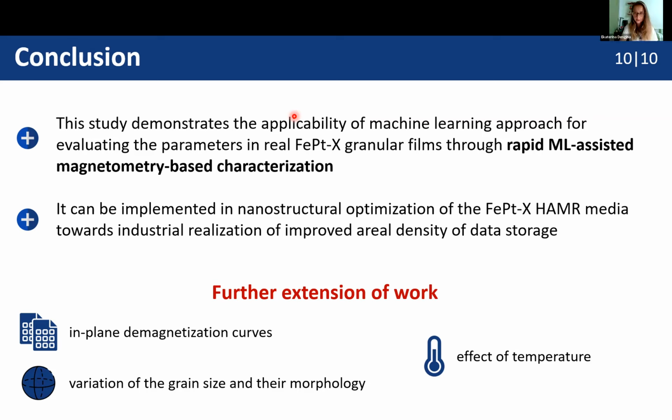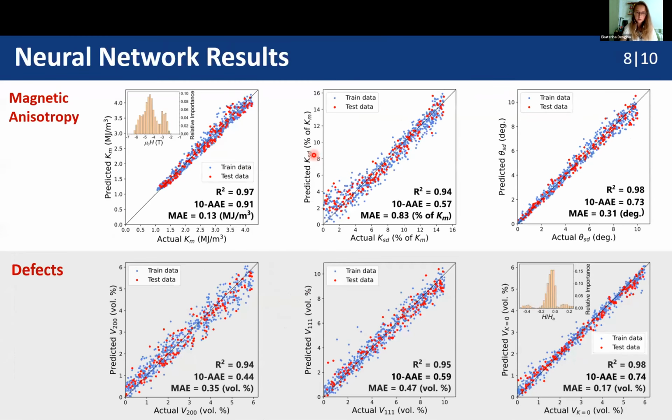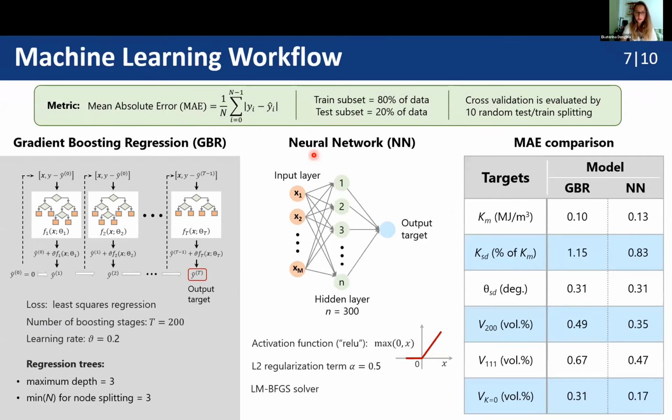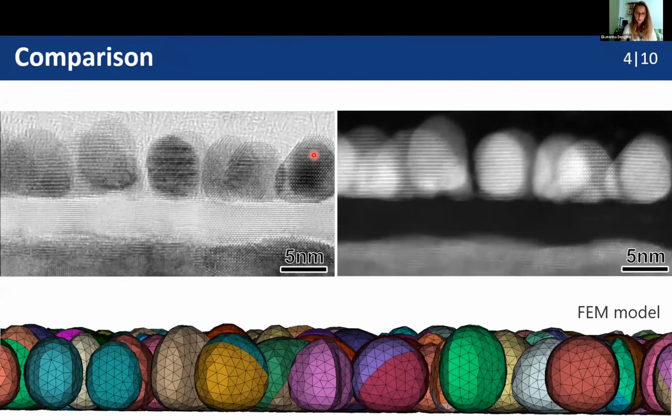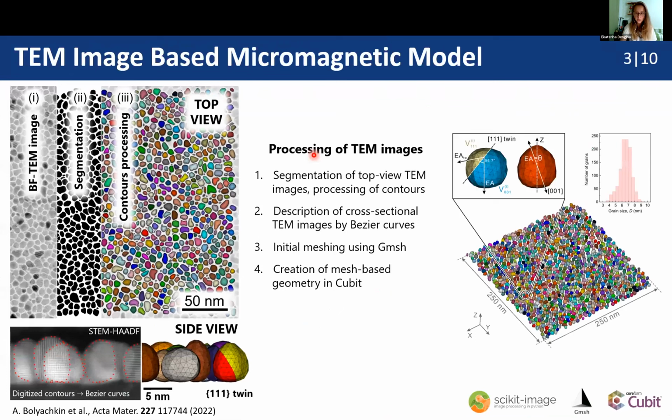Yes, it definitely requires some additional procedures. First of all, because to train our model, we used the results of a simulated data set. It means that we used our micromagnetic model. And this micromagnetic model was constructed for iron platinum films.